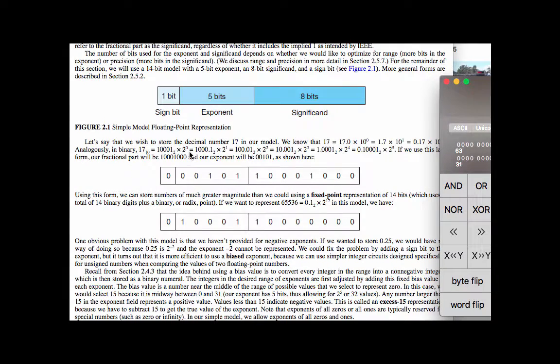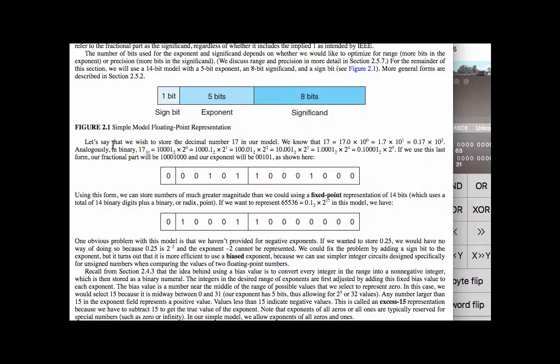Looking at your textbook here, on figure 21 in chapter 2, they give us an example of how a double variable or a fractional variable would be stored inside of a computer.